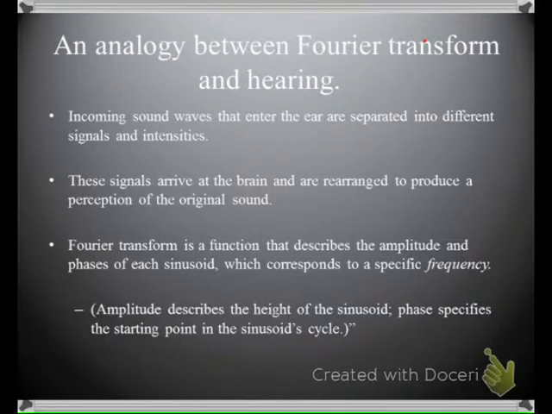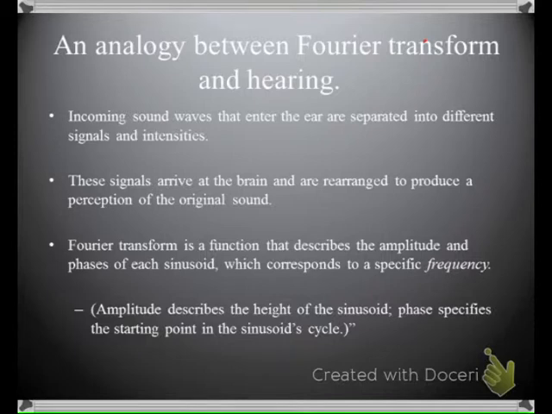Okay, an analogy between the Fourier transform and hearing. Incoming sound waves that enter the ear are separated into different signals and intensities. And we can all understand this because we have high frequency, low frequency, and these signals then arrive at the brain and are rearranged to produce a perception of their original sound.